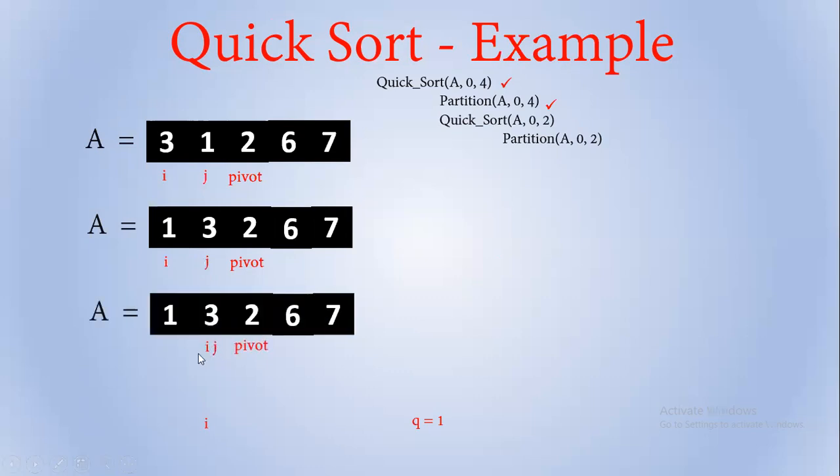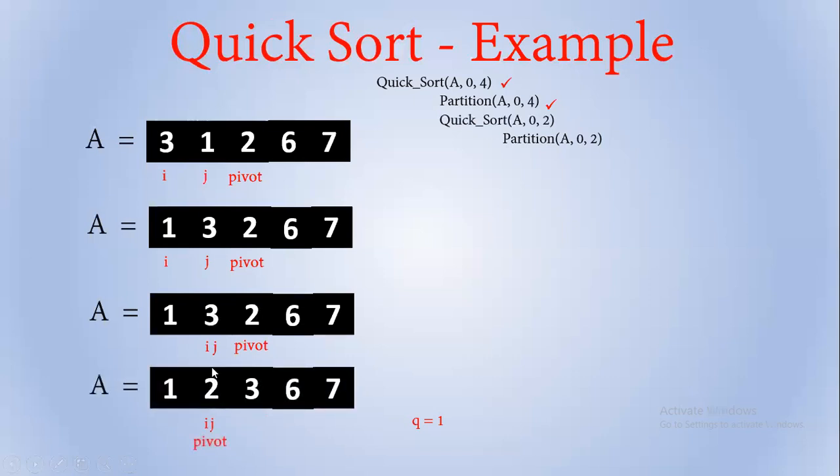Now I is equal to J, so the while loop will terminate. And the last condition will be checked: whether A[I] is greater than pivot. Yes. Here you can see A[I] is 3, pivot is 2. So A[I] is greater than pivot, so we have to swap these two.